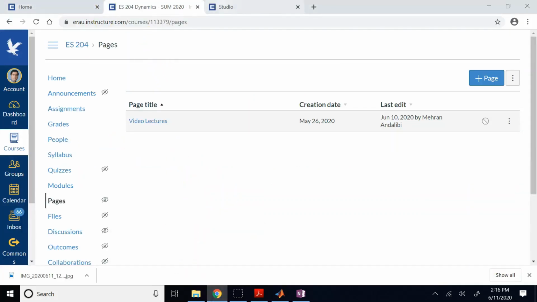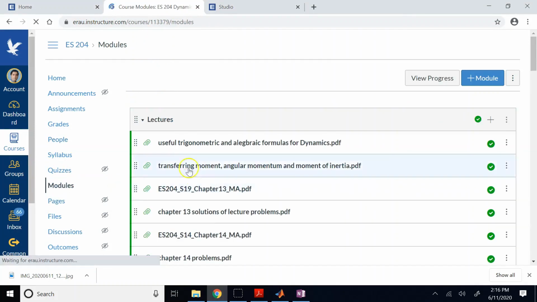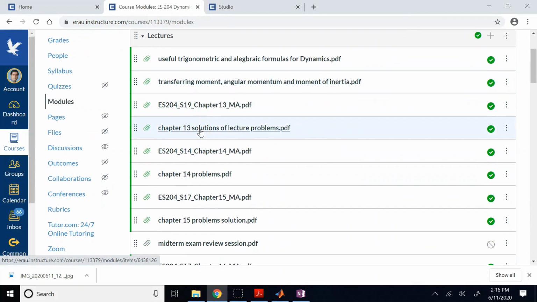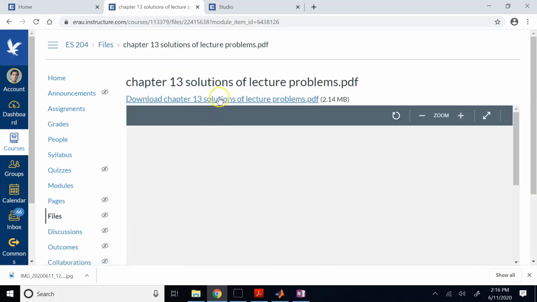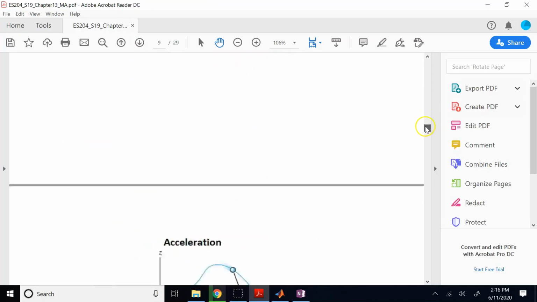So if you go to Canvas, under modules, under lectures, okay, so you see here, chapter 13, solution of the problem. Chapter 14, problems. Chapter 15, problems, okay? So if you click on this one, this should provide you with the solution to the end of chapter problems that I have in my lecture.